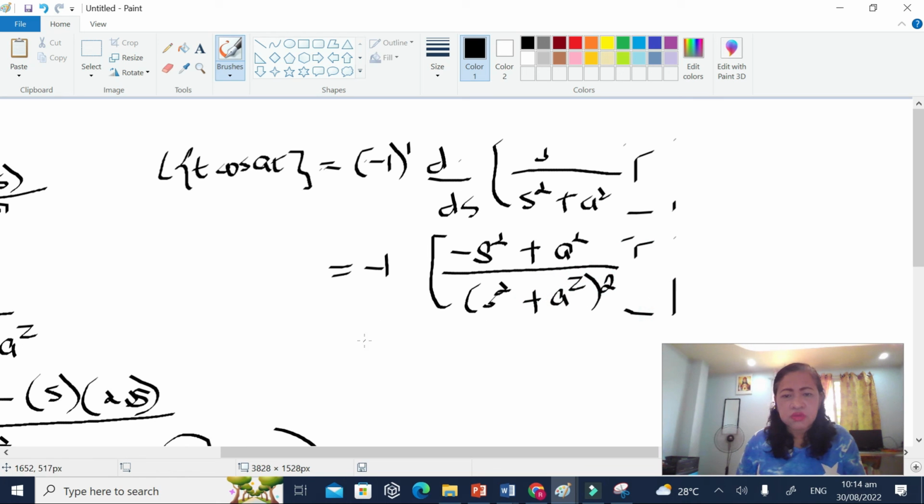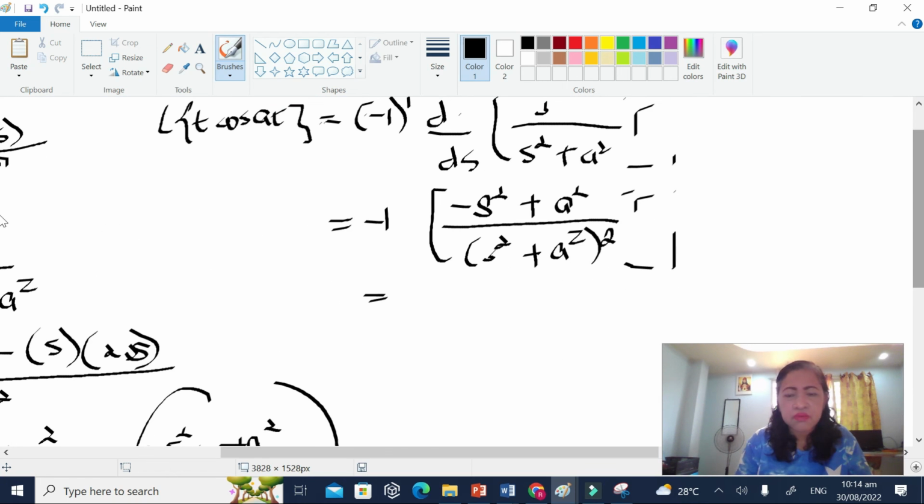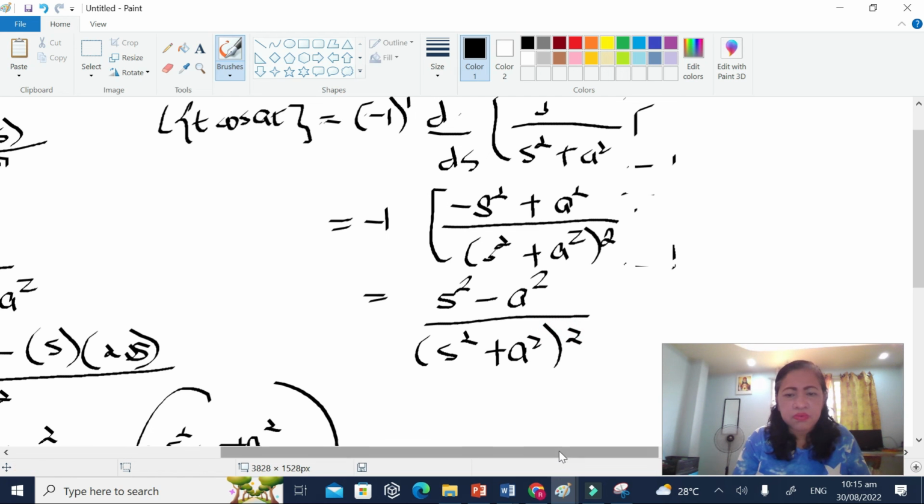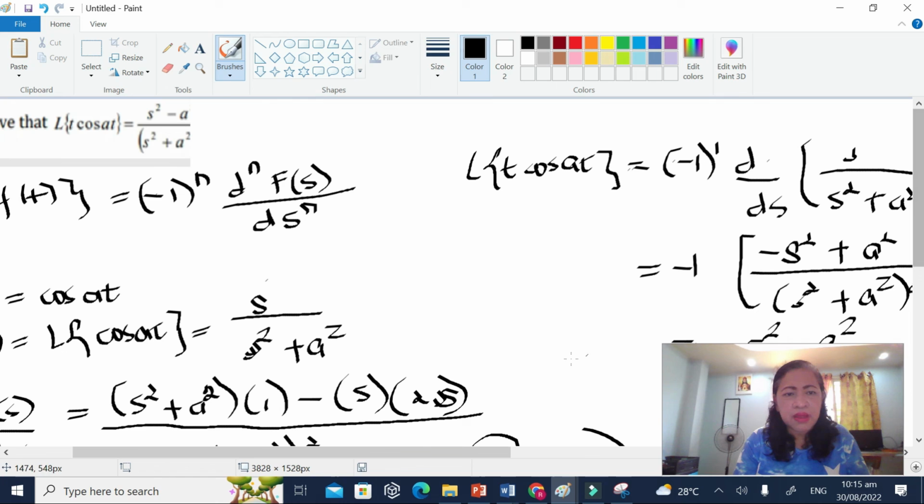That will become positive, so s squared minus a squared over s squared plus a squared, squared. Is this what we are proving? Okay, proven.